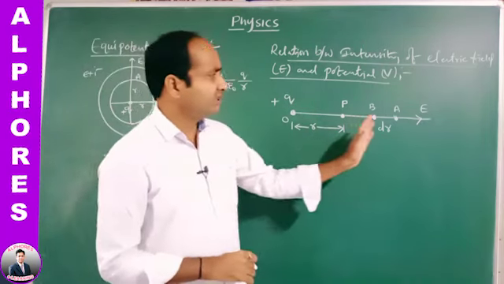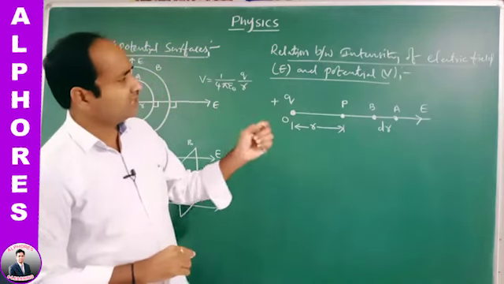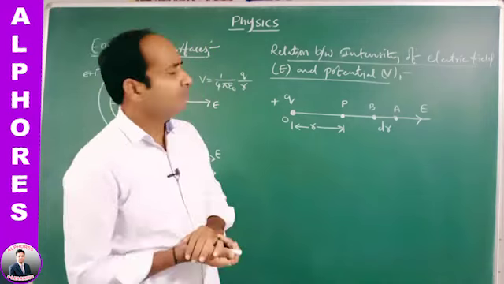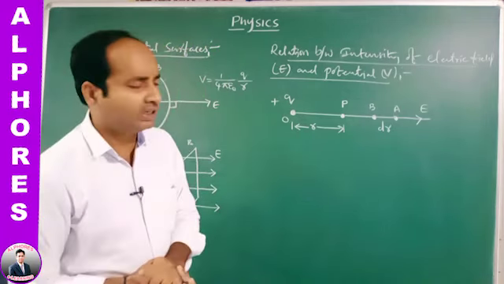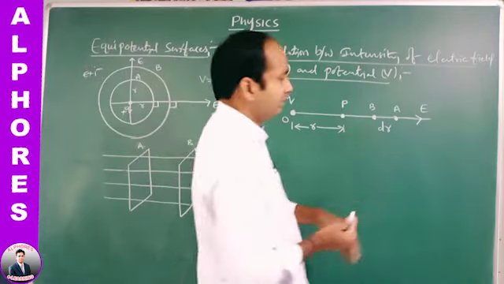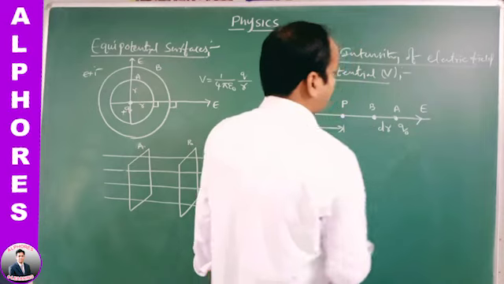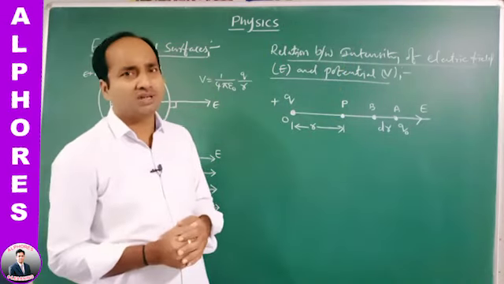Now if you place a charge Q naught at the point A, taking a unit positive charge from infinity to the point A, Q naught is a positive charge.